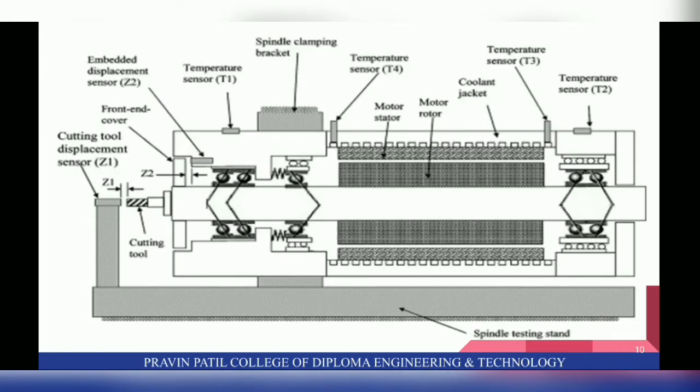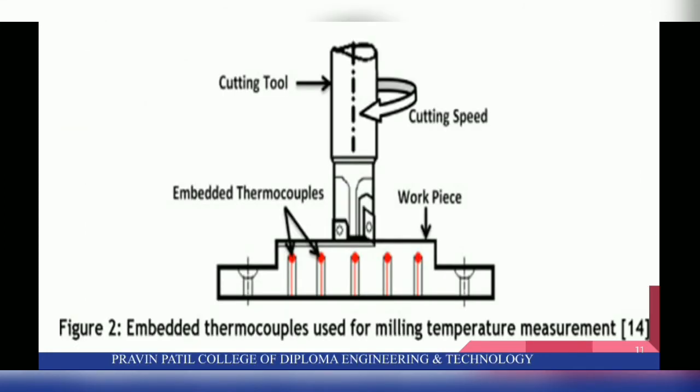So this is the diagram in which you can see the embedded detector sensor. This is also the second diagram, in which also you can see the embedded thermocouples which are inserted at the time of manufacture of the machine, and from that you can measure the temperature.